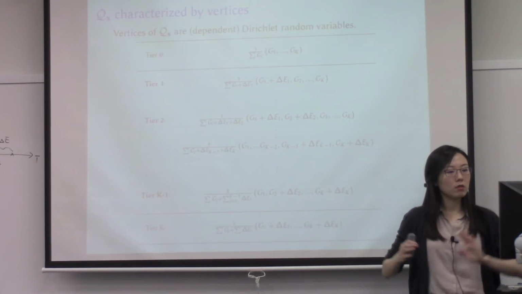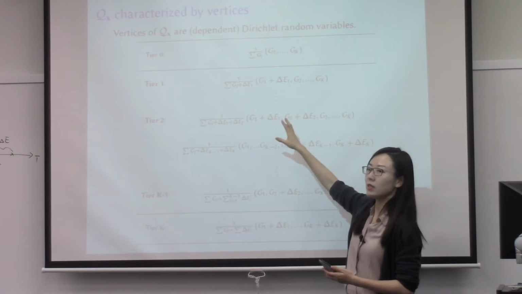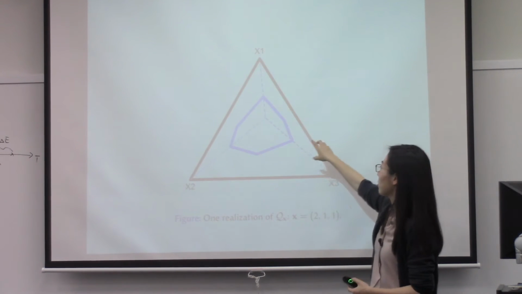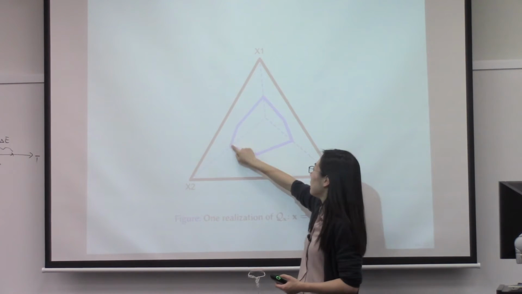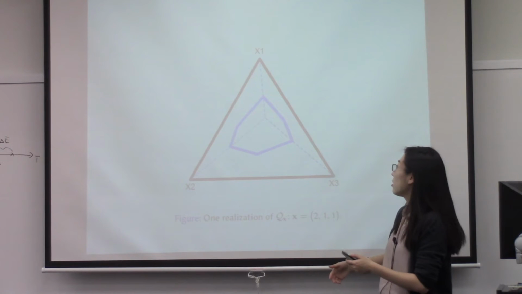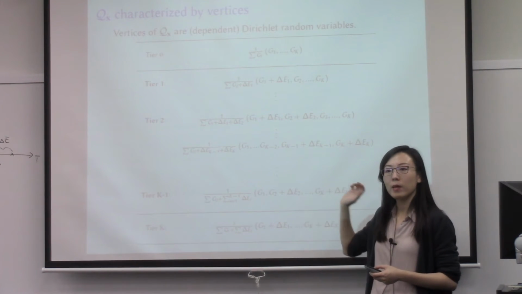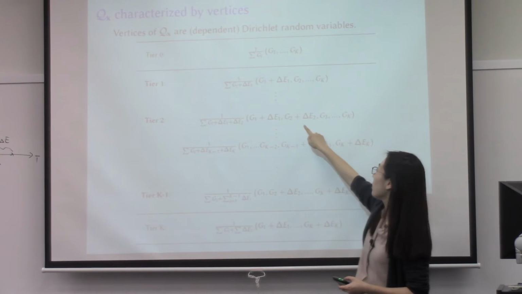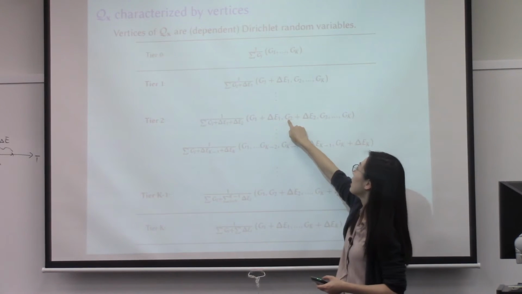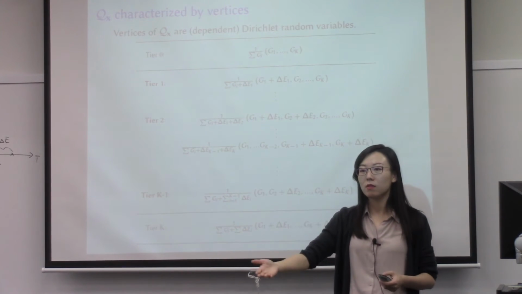This is kind of a detail, but essentially with the Q of x, if you remember the hexagonal shape, the vertices can be written out in tiers, and the tiers are in fact all Dirichlet distributions. They are dependent Dirichlet distributions, and the way they depend on each other is because they may be generated by the same set of gammas and delta e's.